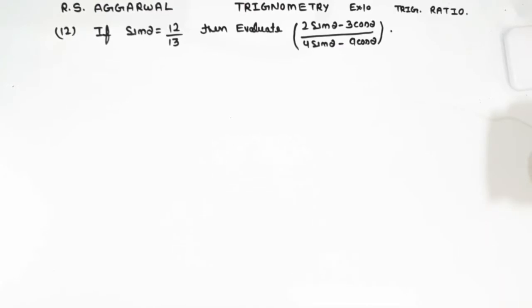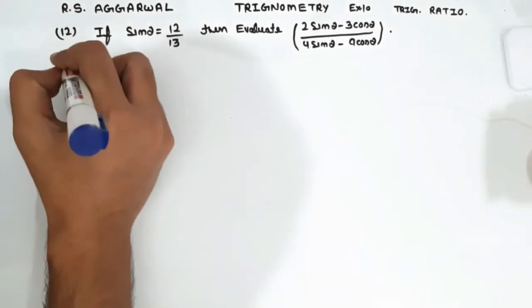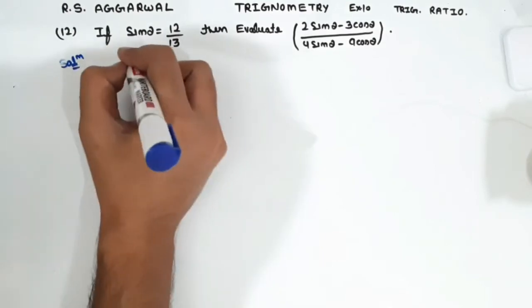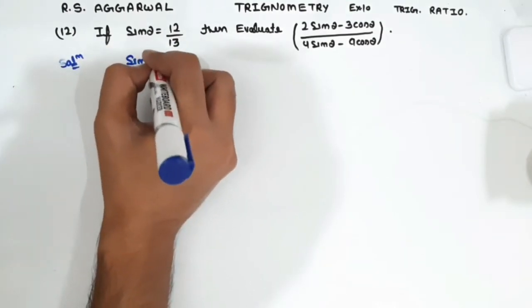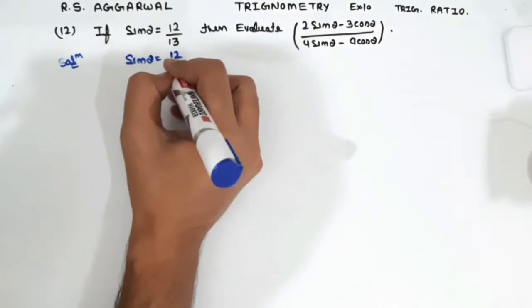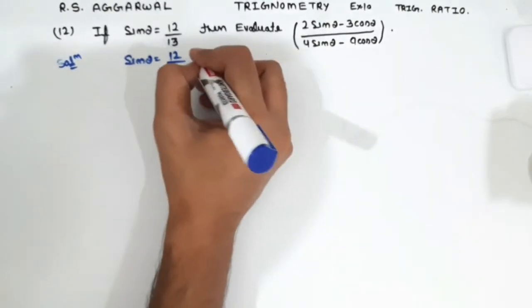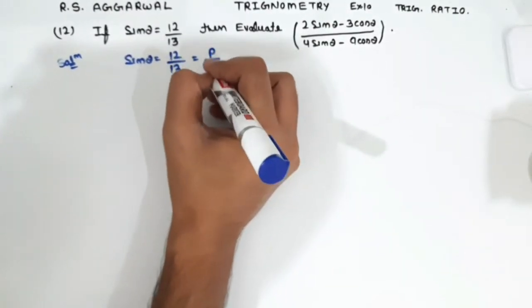R.S. Agarwal, chapter Trigonometry, exercise 10, trigonometric ratio. In question number 12, if sin theta is 12 upon 13, then evaluate 2 sin theta minus 3 cos theta upon 4 sin theta minus 9 cos theta. So in this problem, we have given sin theta is 12 upon 13, that is perpendicular upon hypotenuse.